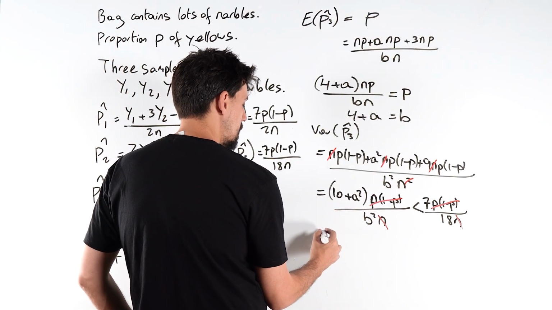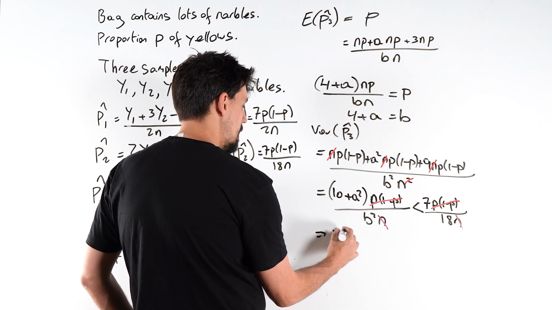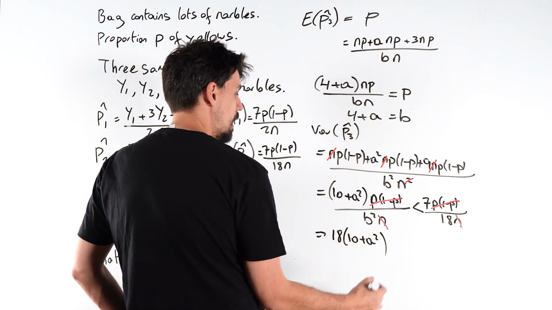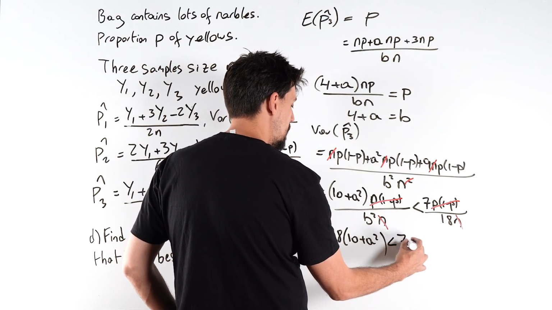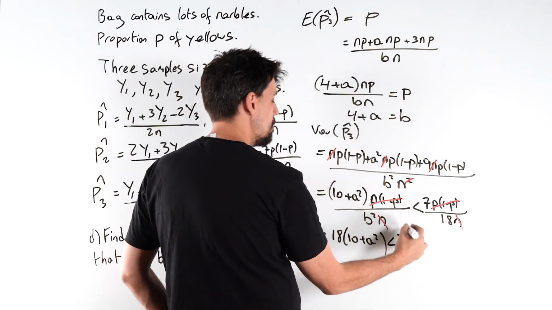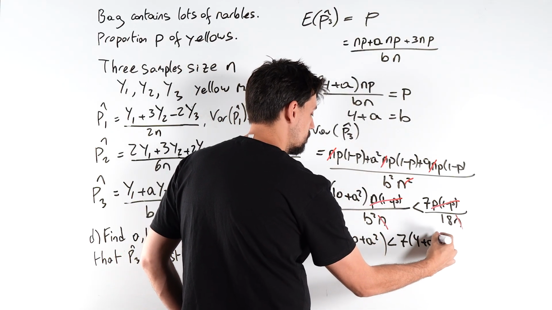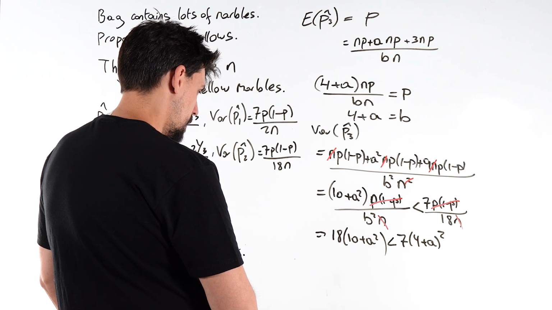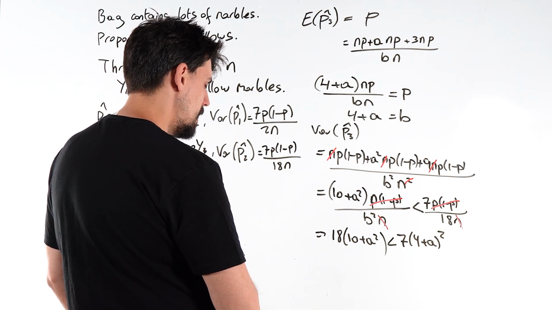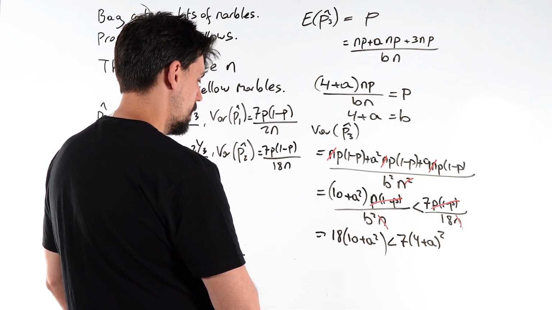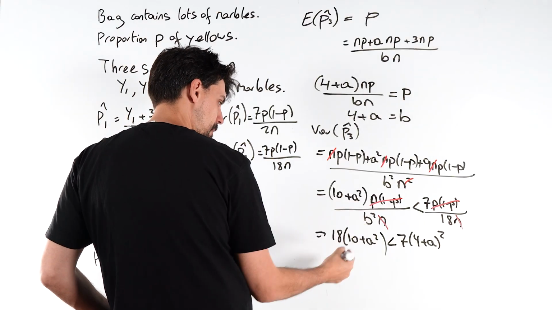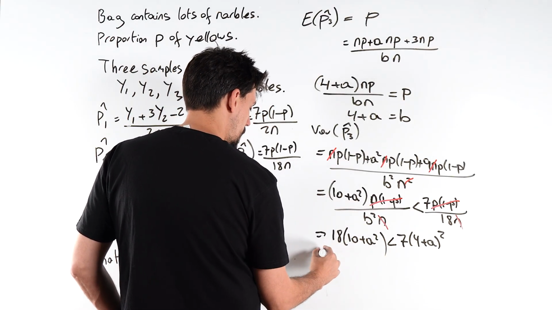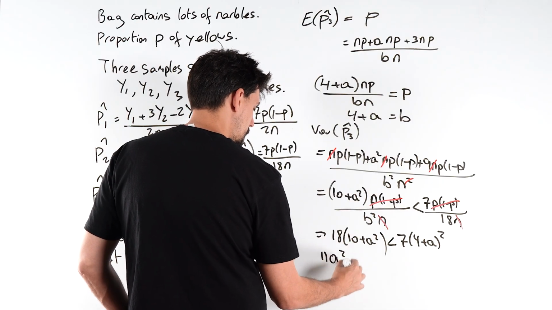So what do we need? We need 18 times (10 plus a) squared to be less than 7b squared, but b, remember, is 4 plus a. If we expand that, 18a squared minus 7a squared is 11a squared.